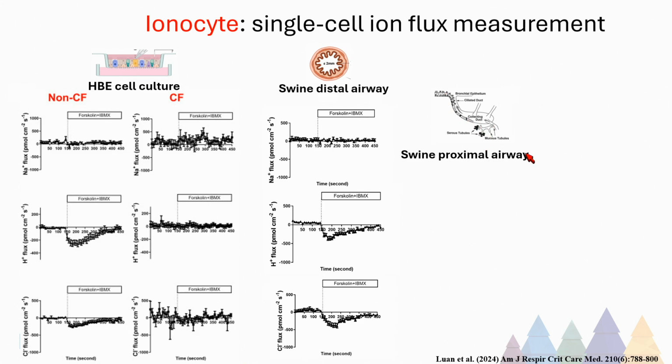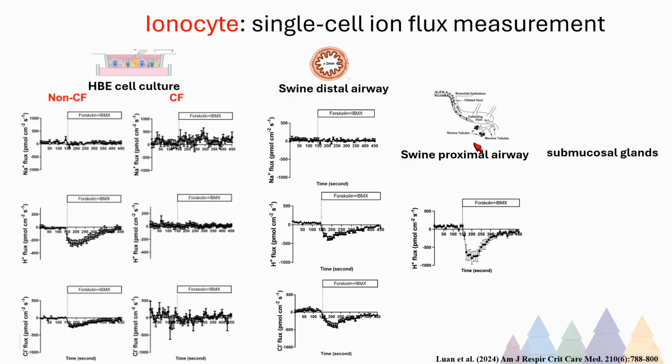Both of them have ionocytes. And we measured the same ions, we saw the same thing. No sodium transport, only an alkalinization of the lumen, both in the surface and in the distal part of the gland. So again, this is alkalinization of the lumen of the mucous tubules.